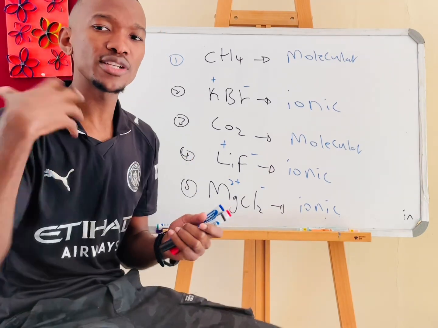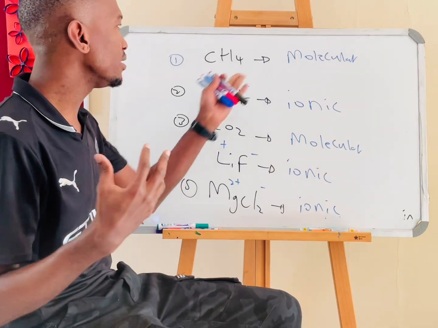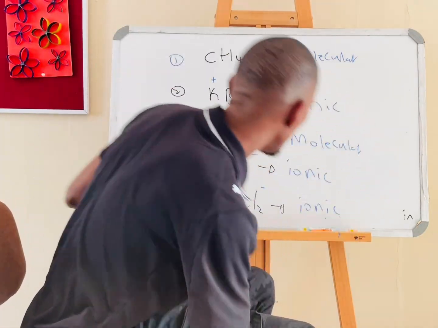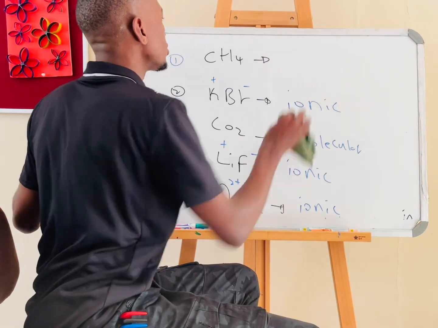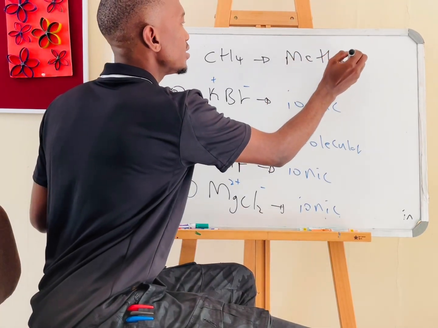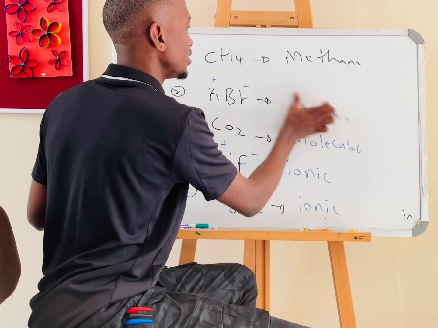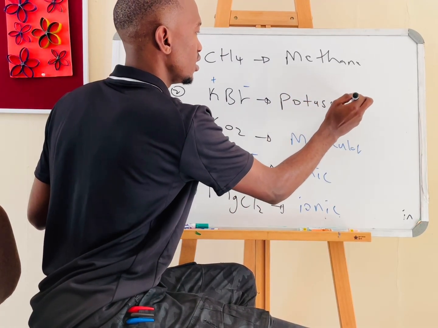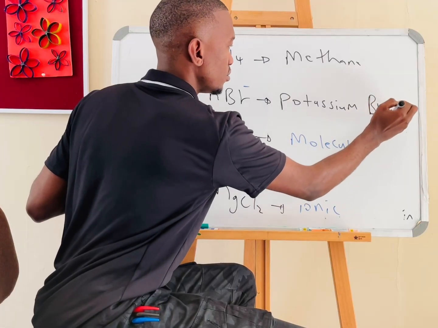So the second question was, let's name these compounds that we see here. Let's name them quickly. This one is called methane, and this one is called potassium bromide.